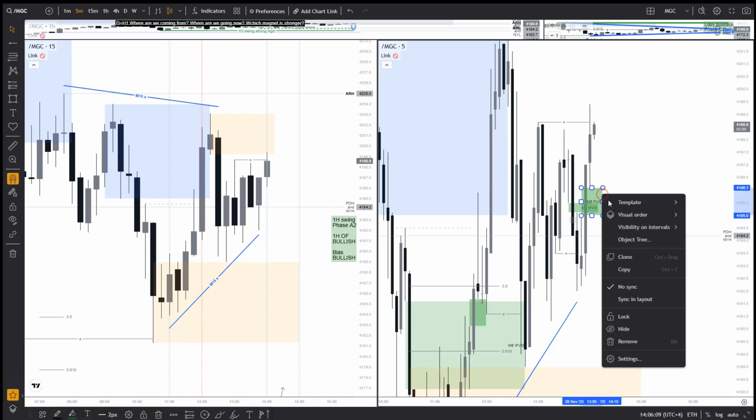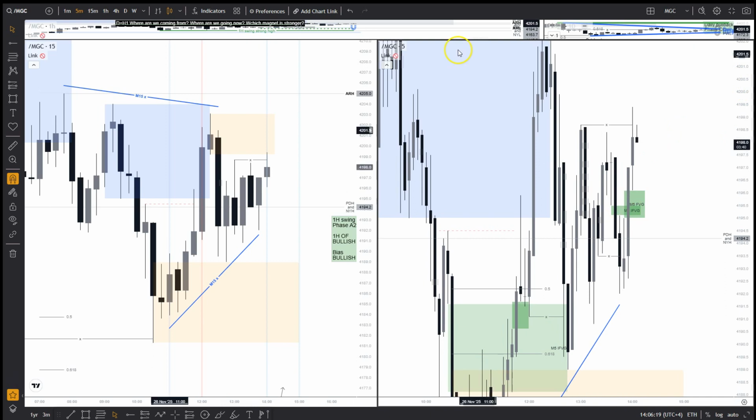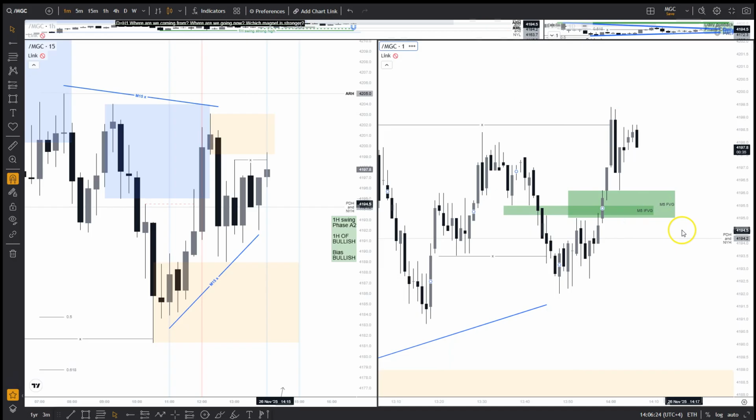Okay. And now we go to M1. We have two entries. We have an entry to wait for this mitigation, or we have an entry on breakout. Let's see how long it will be. If it's $50, still okay for the breakout. So we'll be entering here with a stop loss below.